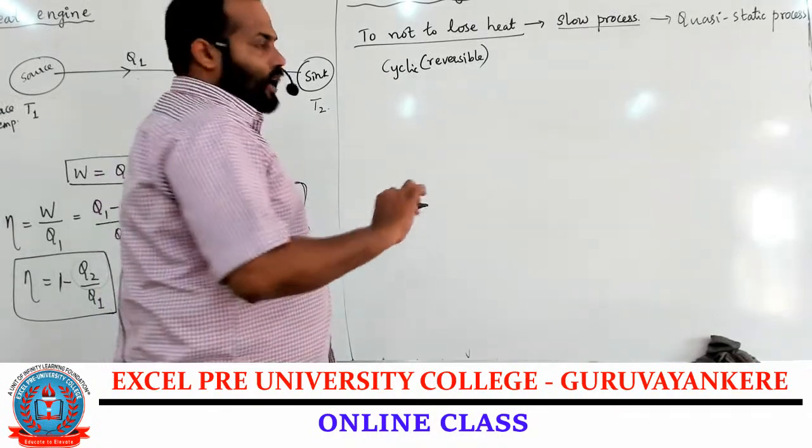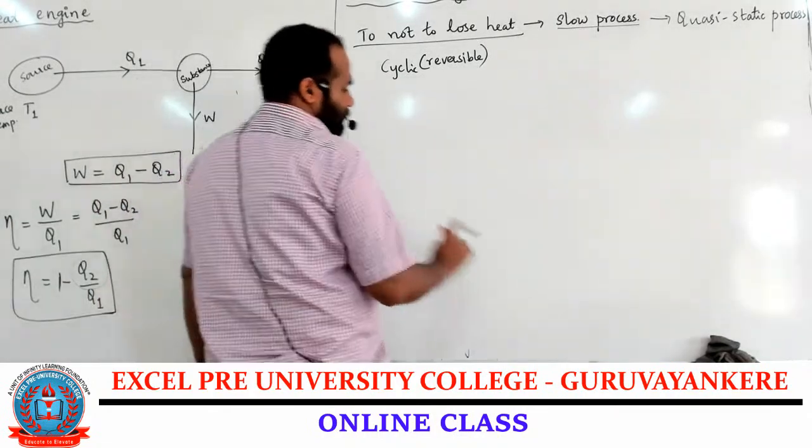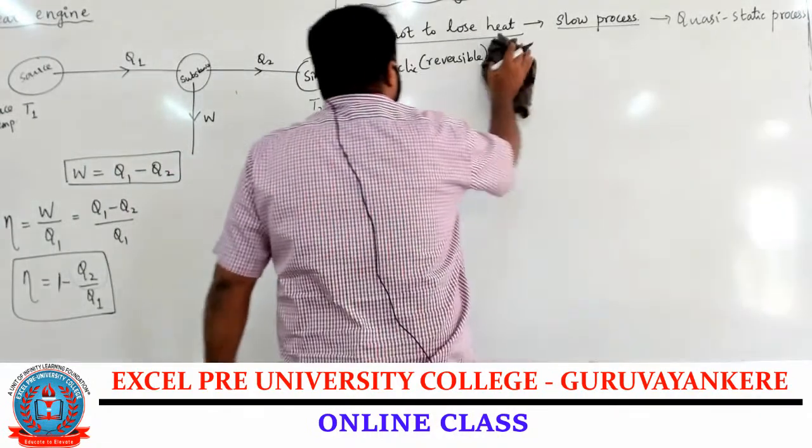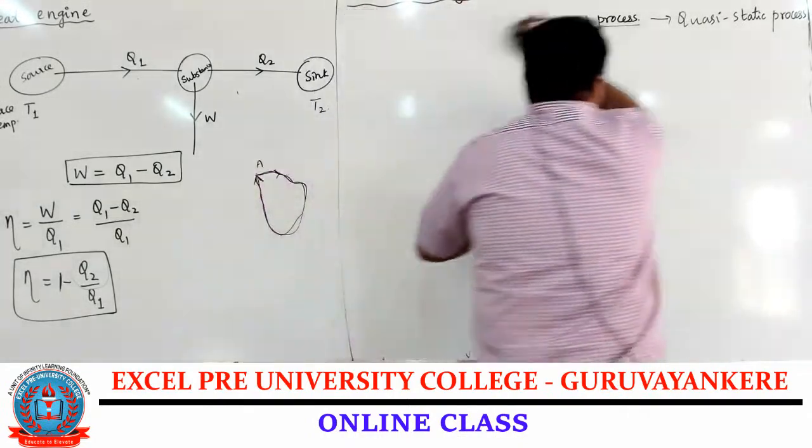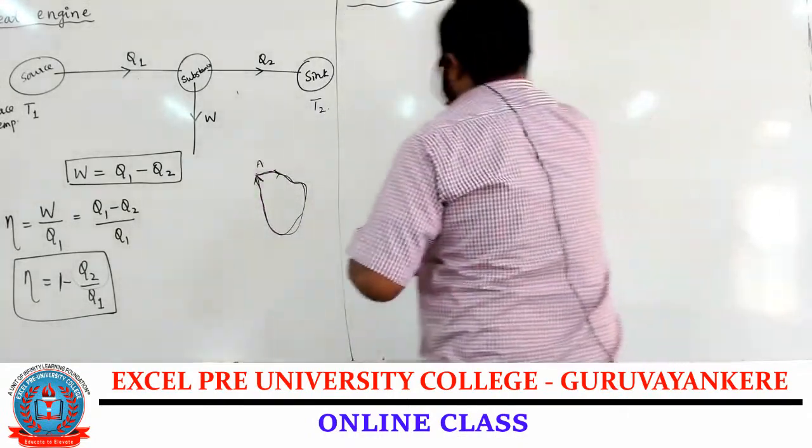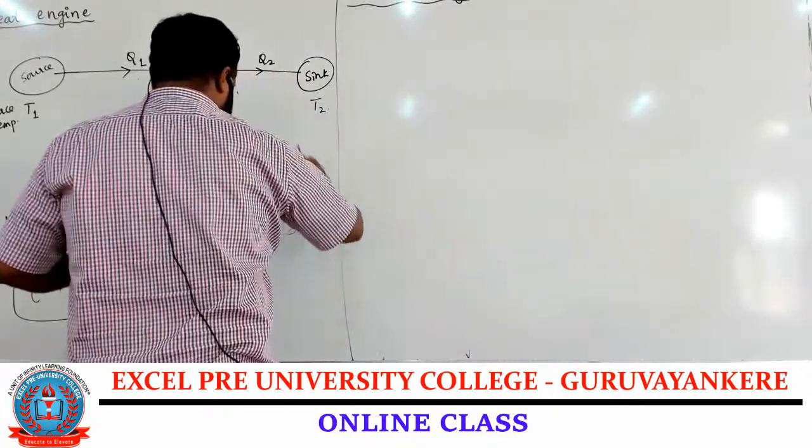Then how can Carnot's cycle be indicated? Carnot's cycle can be indicated using what we call the indicator diagram.